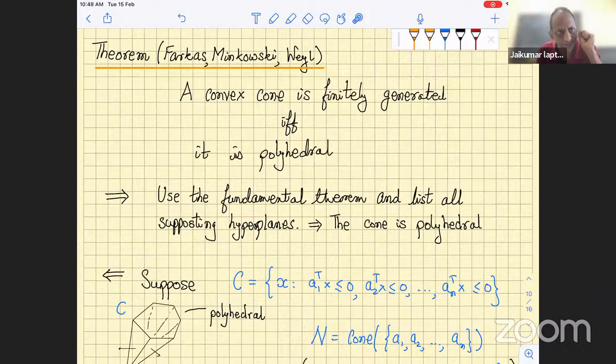Whatever we have defined as a cone is a convex cone. That is, if you give me a set of points and describe the cone generated by them, then I can give you a set of inequalities which will generate the same cone. If you give me a set of inequalities, I'll be able to give you a set of points which will generate the same cone, in the sense of non-negative linear combinations.